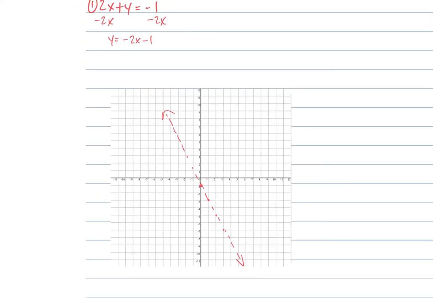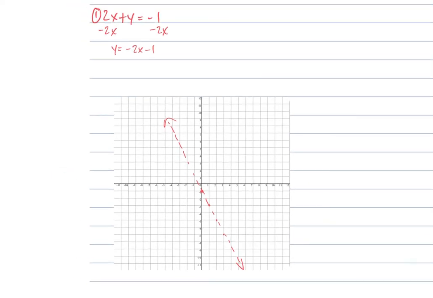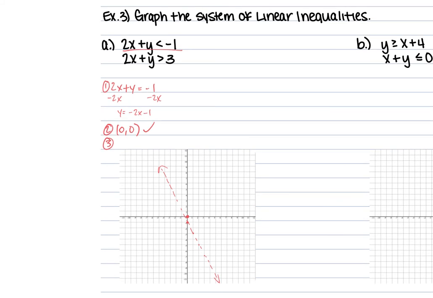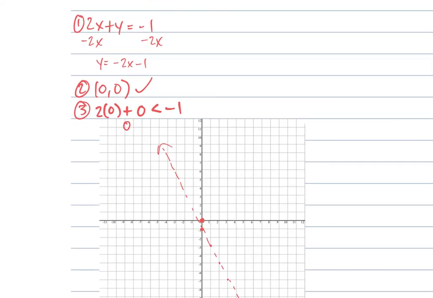And then second thing we need to do is test. We want to use 0, 0. Let's see if we can. Is 0, 0 a point on our line? No, so we're okay to use it. Step number 3, plug it in. So we plug in 0, 0. We get 2 times 0 plus 0 is less than -1. Is 0 smaller than -1? It is not, okay?